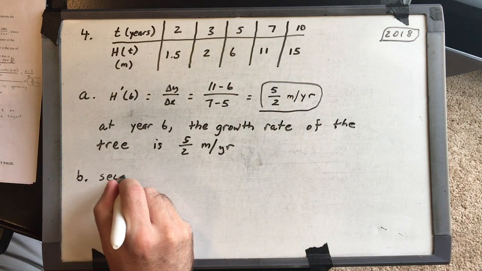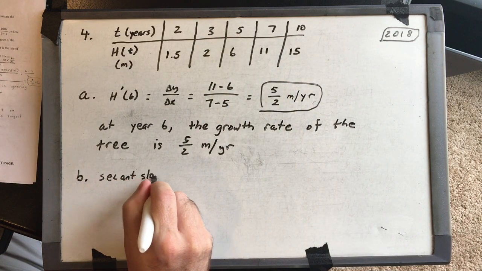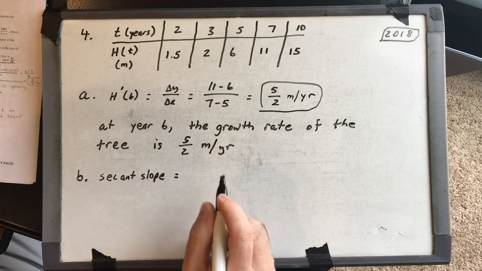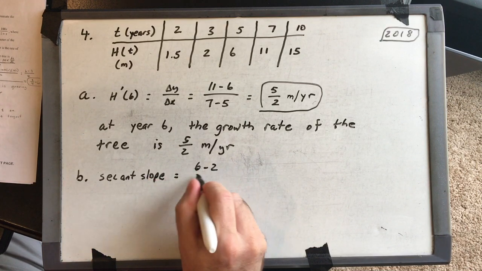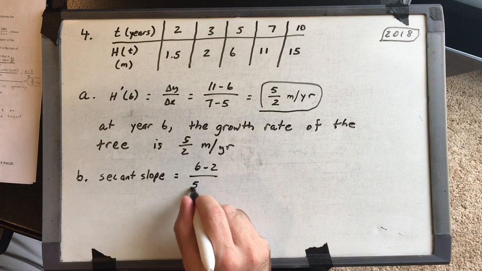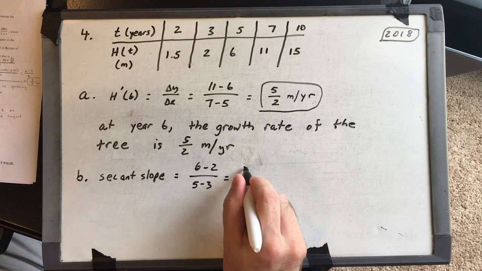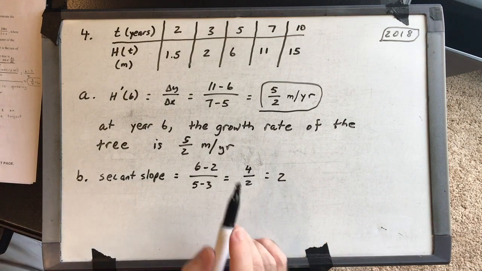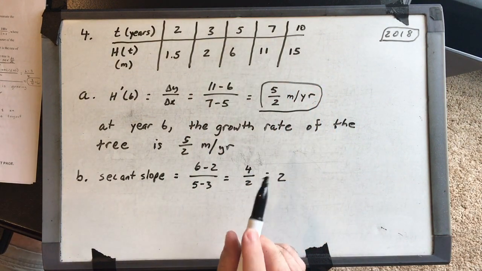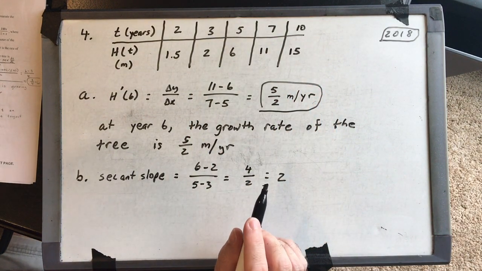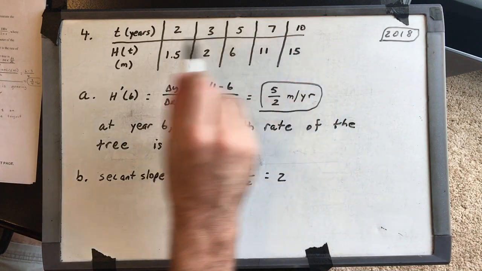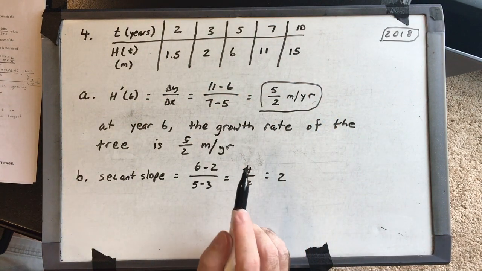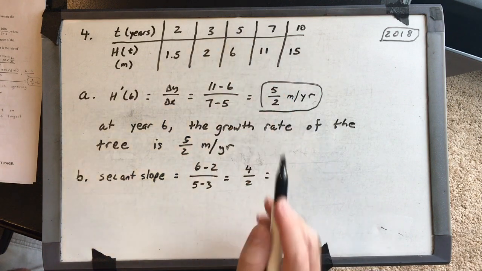The secant slope is equal to 6 minus 2 over 5 minus 3. That's 4 over 2, which is 2. Okay, so we would have to look at each one of these intervals. The main interval doesn't give us 2, but between 3 and 5 it does.